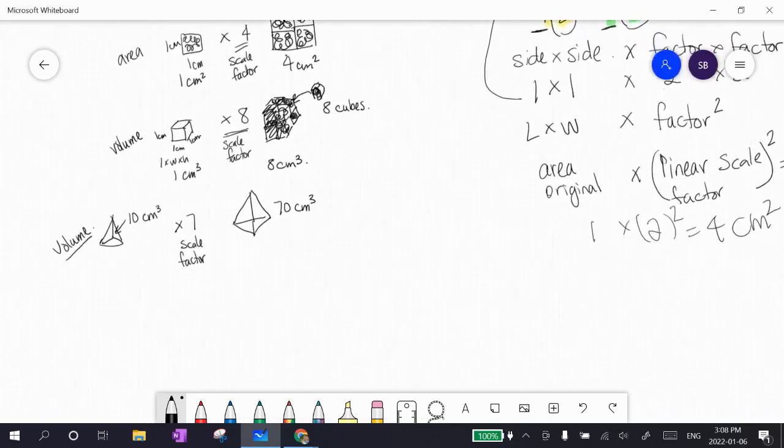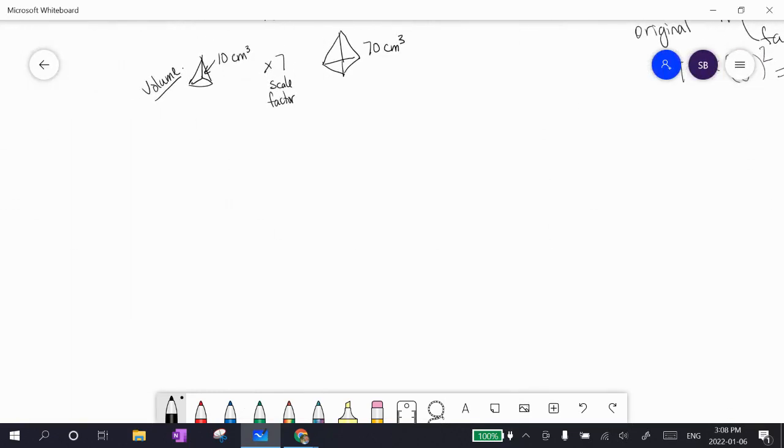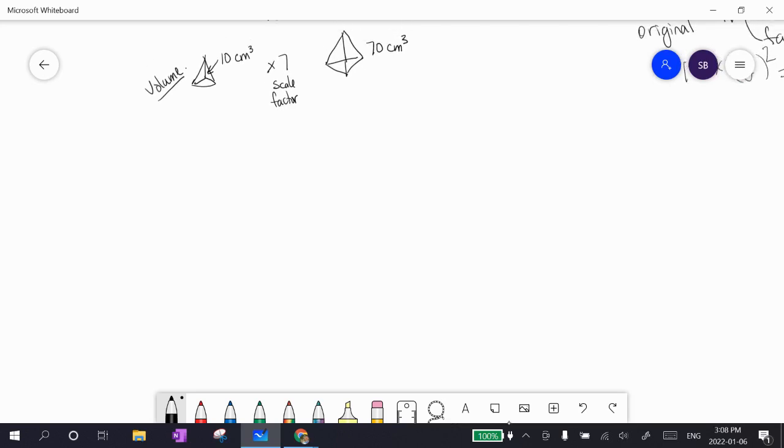Okay. From there, we're going to look at how that works with volume. So it's the same situation. If we have 1 centimeter by 1 centimeter by 1 centimeter, this then creates a volume for us. Length times width times height.